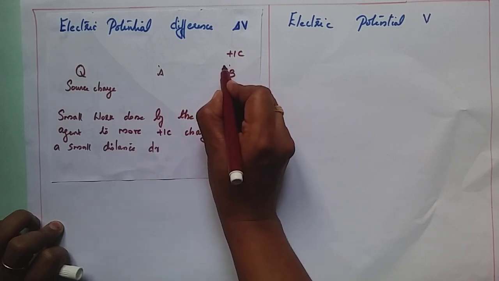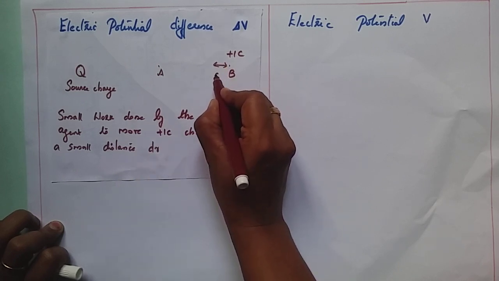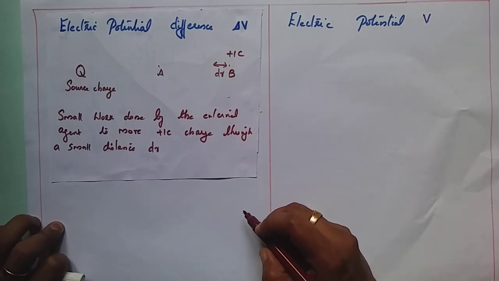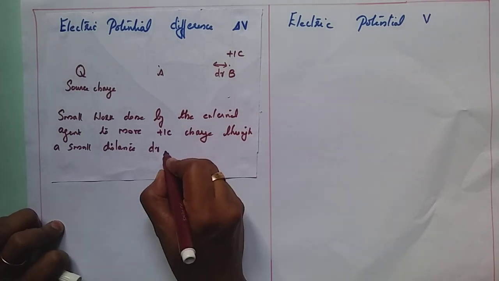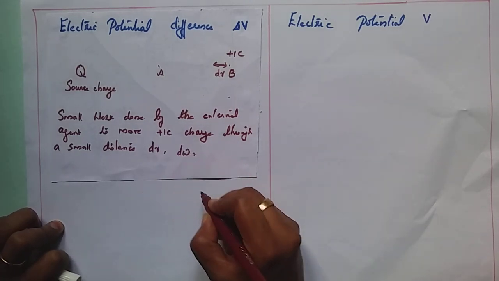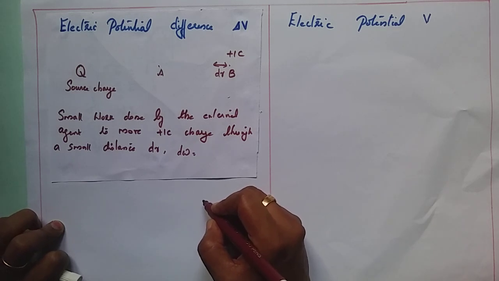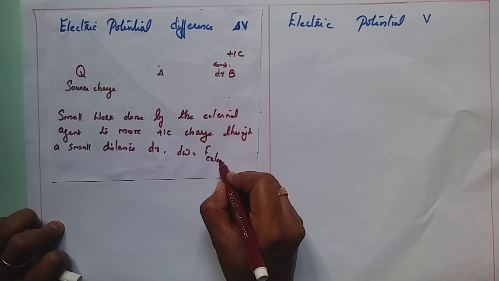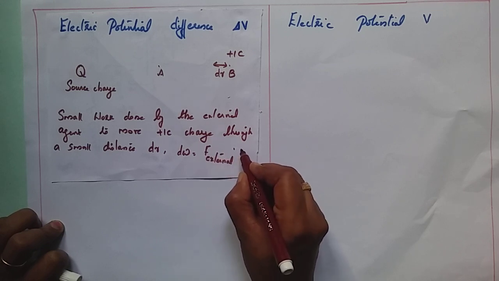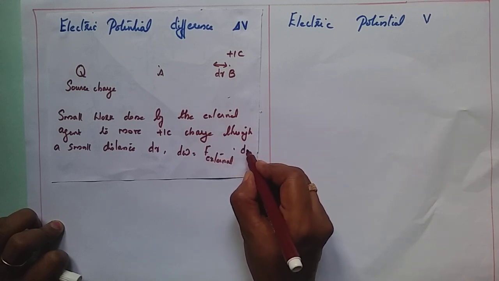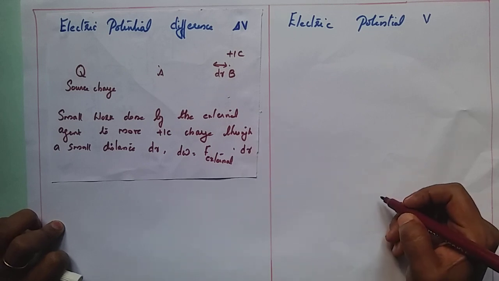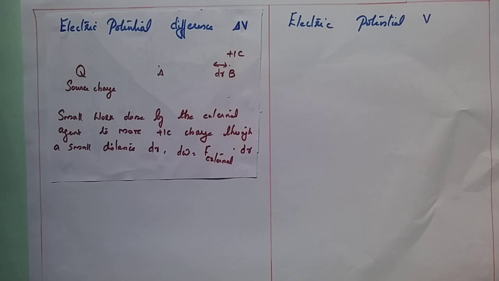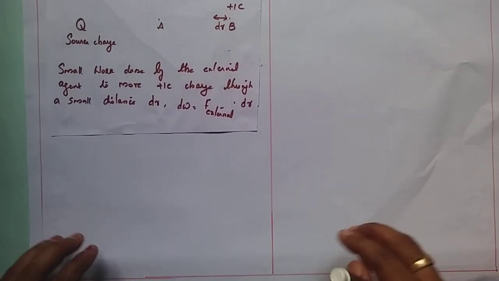Let the charge be moved through a small distance dr. Small work done is, we have the work done formula, force into displacement, isn't it? So force external into the displacement, which is dr. So small work done by the external agent to move the charge through a small distance dr is dW equal to F external dot dr.